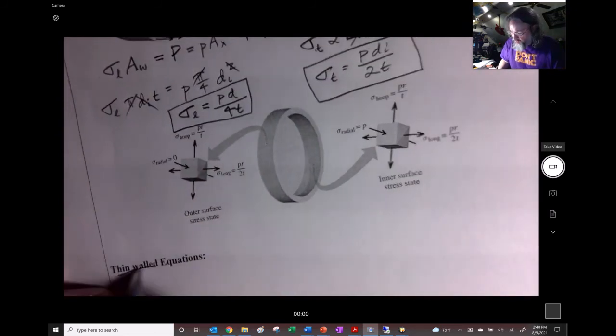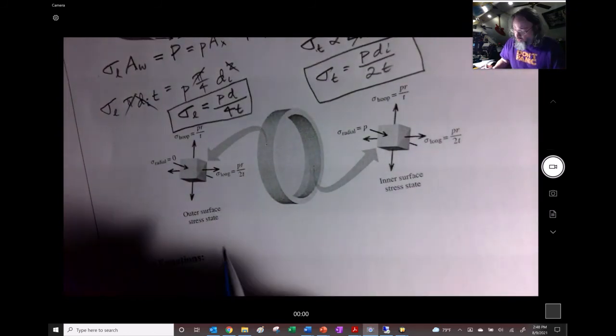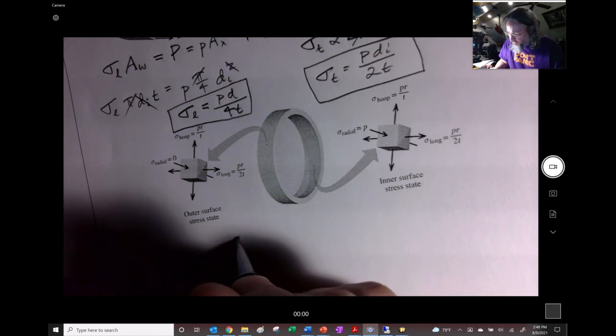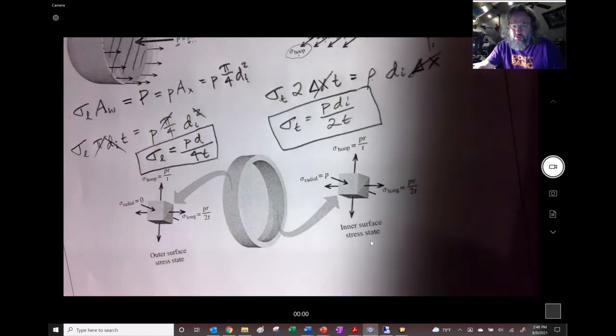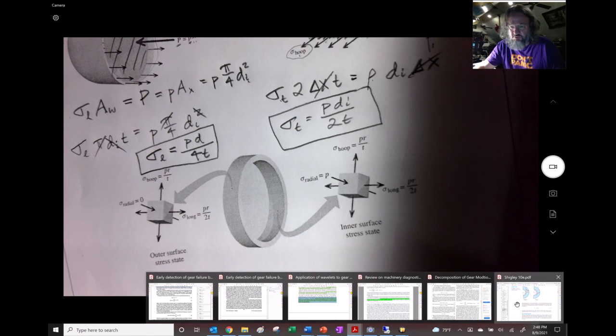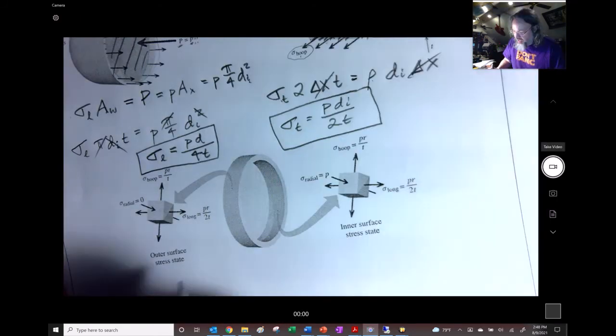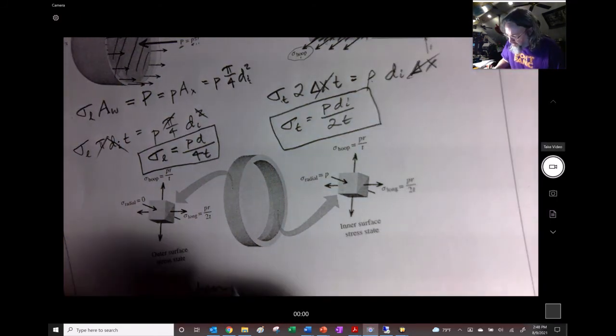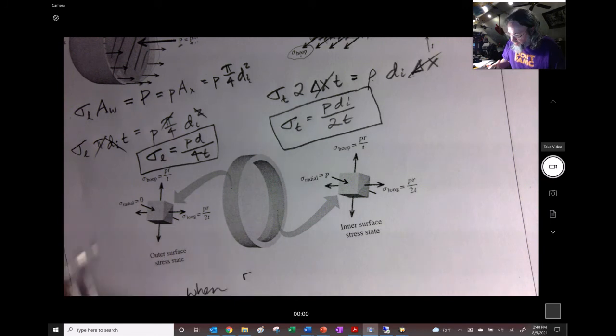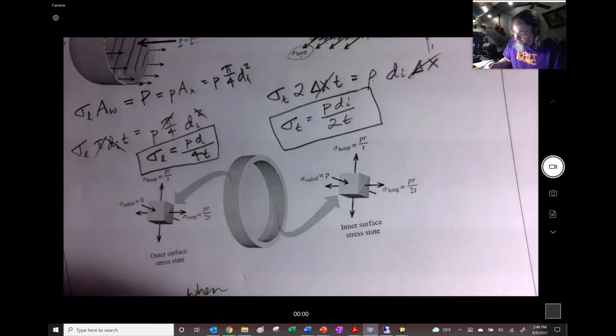So for a thin-walled thing right here, let's go back to Shigley and take a look at what it says again. That the thin-walled is only good when it's 1/10 or less of the radius, right? So we need to make a ratio each time: T over R, and you say which one?